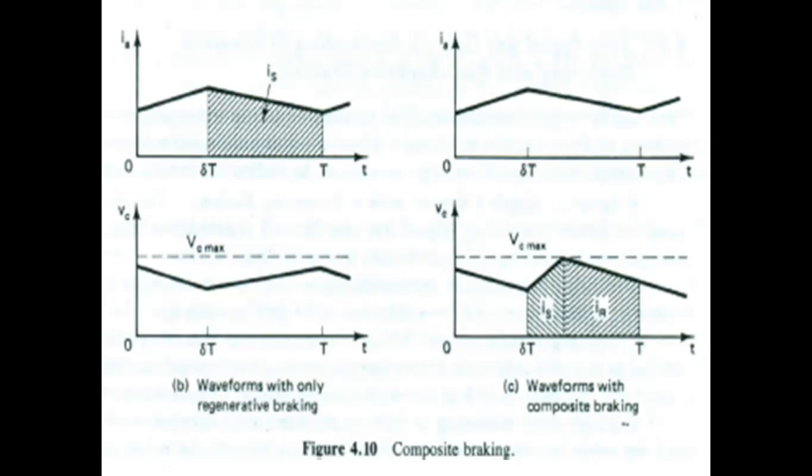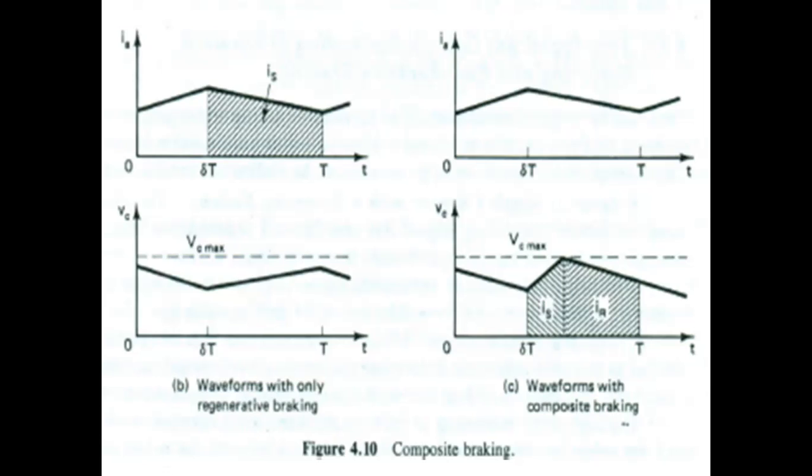Again, when the switch is turned on at time period T, this is the beginning of the next chopping cycle. At the next chopping cycle, this cycle will begin again. So the current through the resistor RB ceases and thyristor T1 is turned off until the voltage reaches VC max.